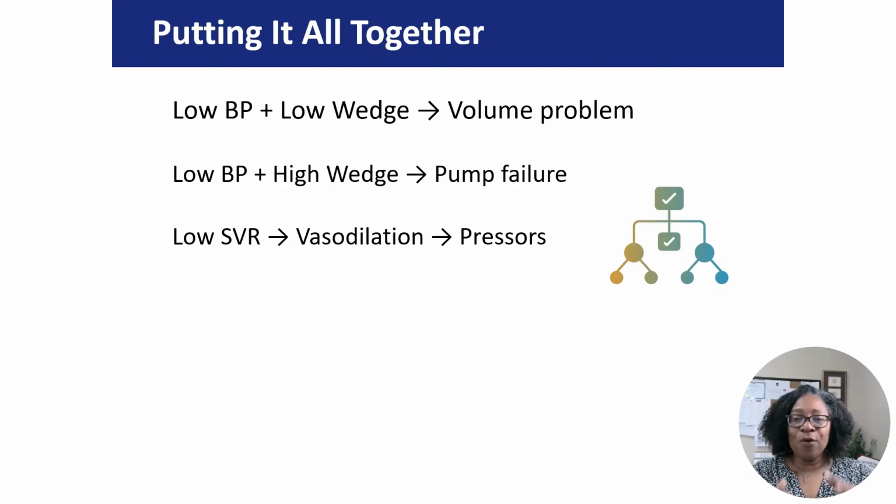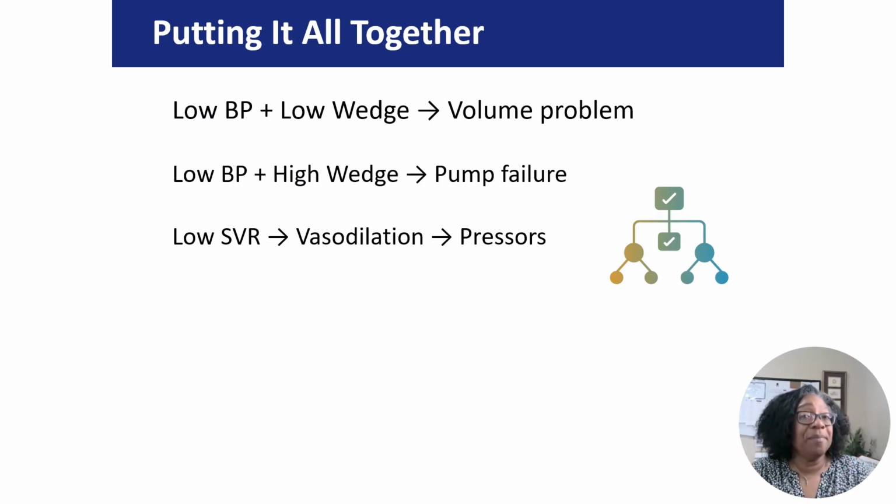Now, before I start on some mini questions, remember, if there is a low blood pressure and a low wedge, and remember, a wedge is the left heart filling pressure, you have a volume problem. If the patient has a low blood pressure and a high wedge, that means that the heart isn't pumping effectively.